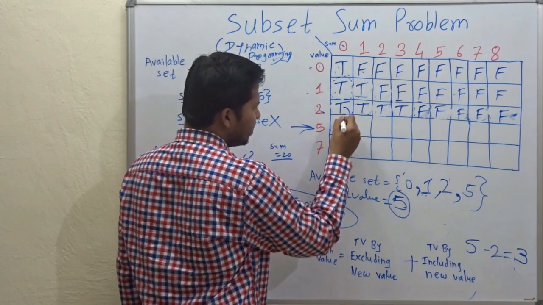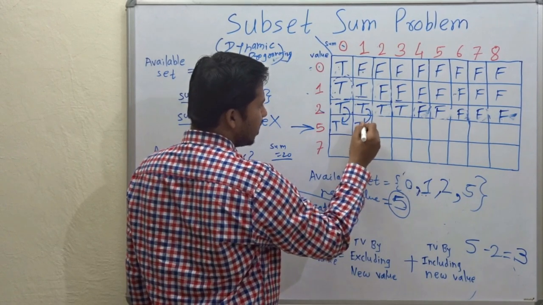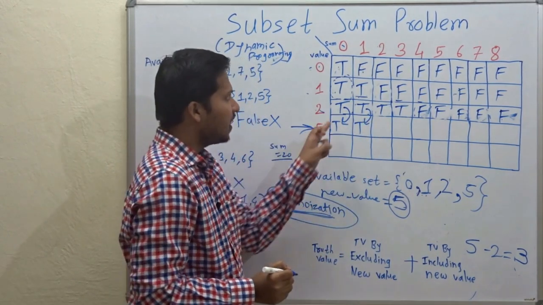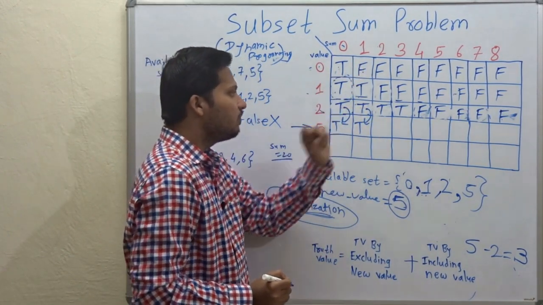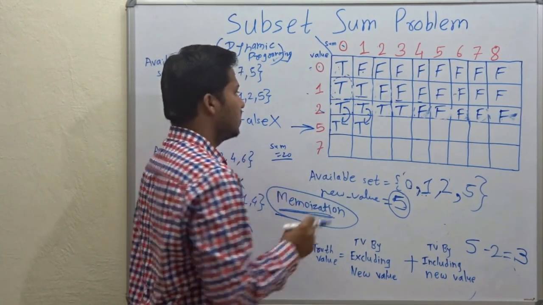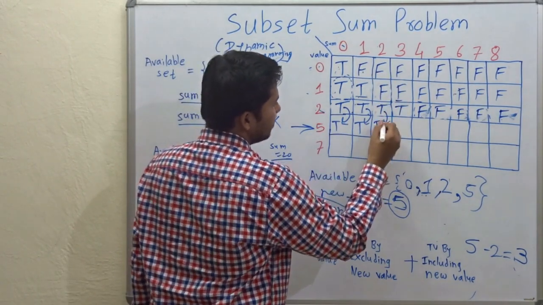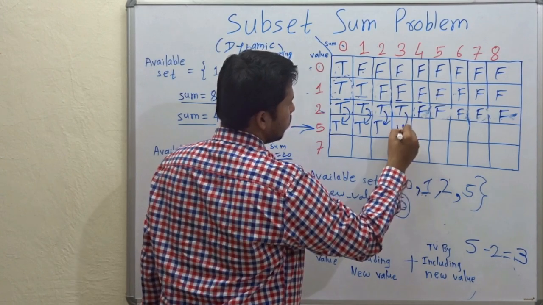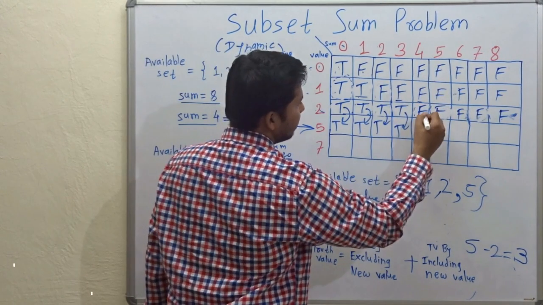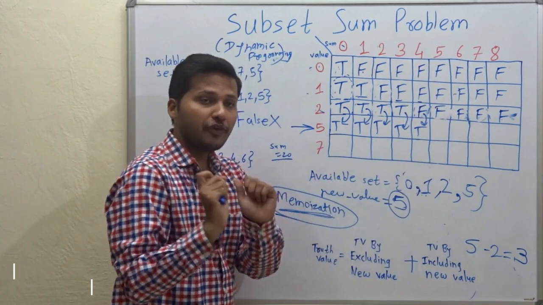So just copy the value from the upper cell. 5 is greater than 1, copy the value from the upper cell, because as 5 is greater than these column values, 5 cannot have any effect. So 5 is greater than 2, copy the value. 5 is greater than 3, so copy the value. 5 is greater than 4, copy the value.